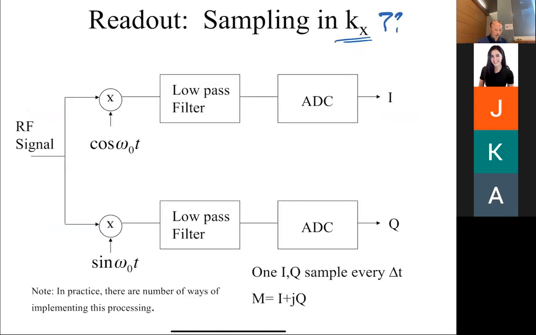Without going into too much detail, the RF signal comes in and we demodulate it, which is multiplying by e to the j omega naught t. This isn't necessarily how it's always done, but it's a good representation. Then we apply it through an analog digital converter, which both quantizes and samples it. It takes my continuous wave signal, gives me samples every delta t, and turns it into a digital number.